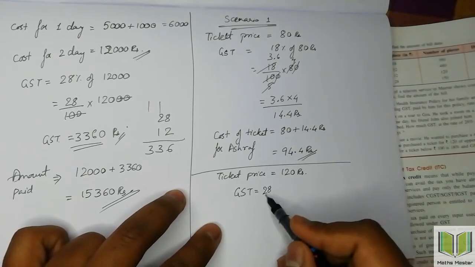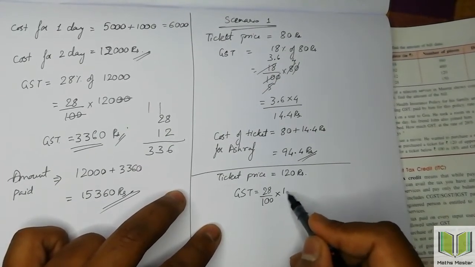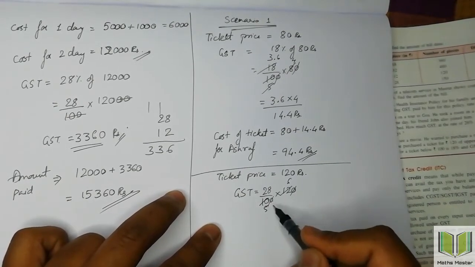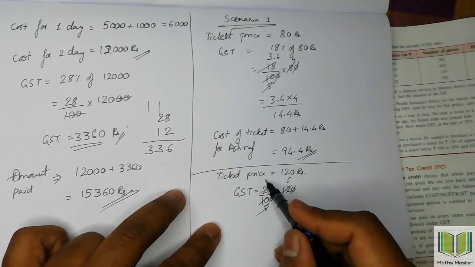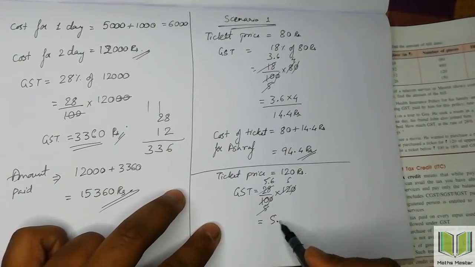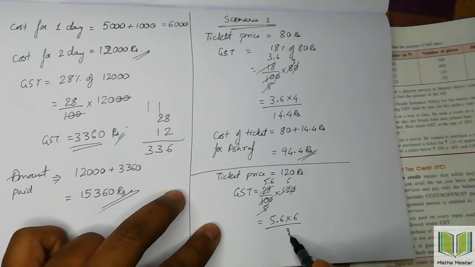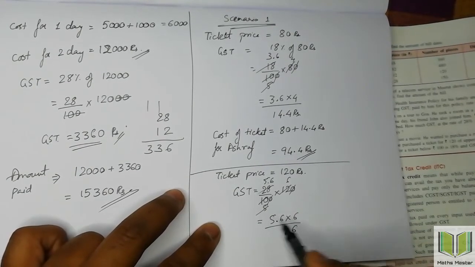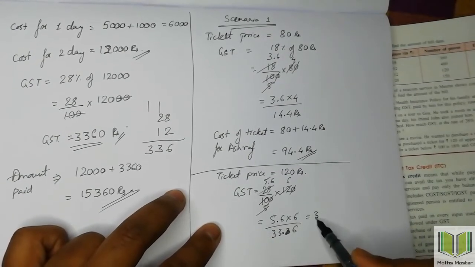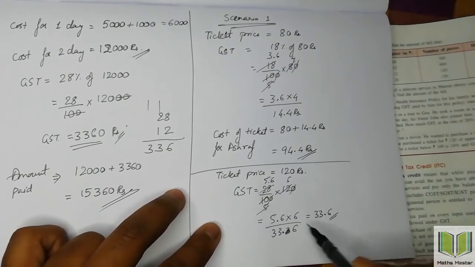So 28 by 100 multiplied with 120. 0 gets cancelled. 6 times 5... 5 times 1, 5 times 5. 3 remains 6. 5.6 into 6. 6 5s are 30. 30 plus 3 is 33.6. The answer is 33.6 is the GST.